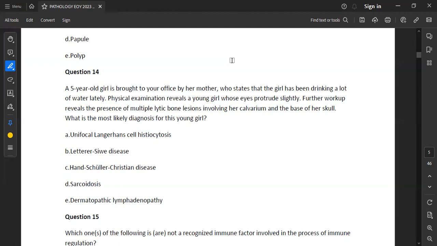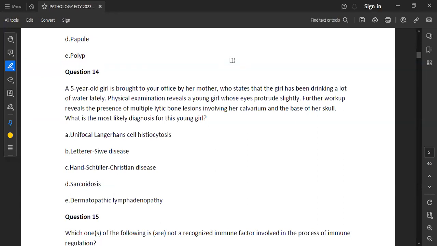This is Langerhans cell histiocytosis, but it's not unifocal. It's multifocal, a combination of multifocal disease and involvement of the posterior pituitary.